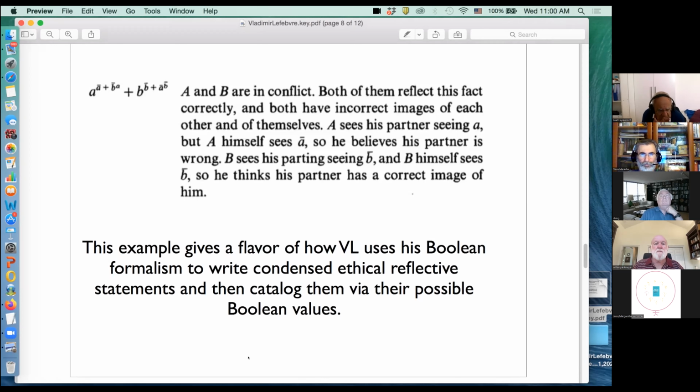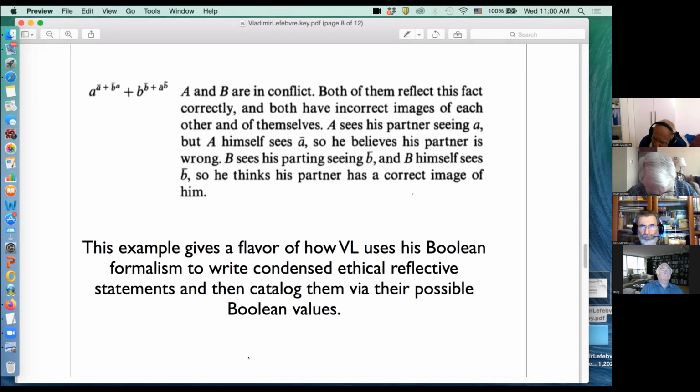Both of them reflect this fact correctly, and both have incorrect images of each other and of themselves. A sees his partner seeing A, but A himself sees the negation of A. So he believes his partner is wrong. B sees his partner seeing the negation of B, and B himself sees the negation of B. So he thinks his partner has a correct image of him.